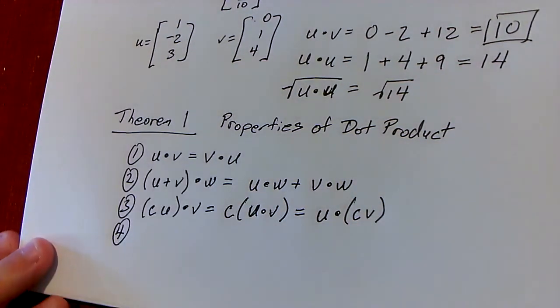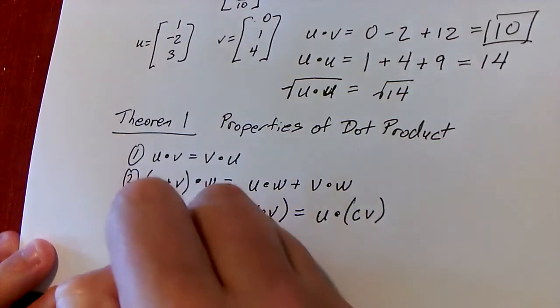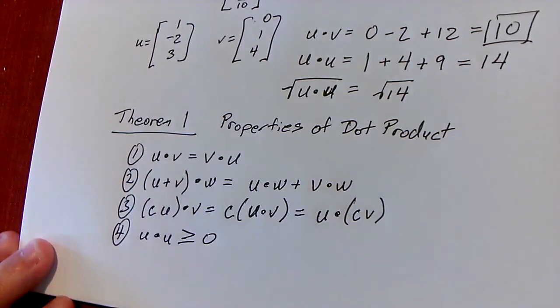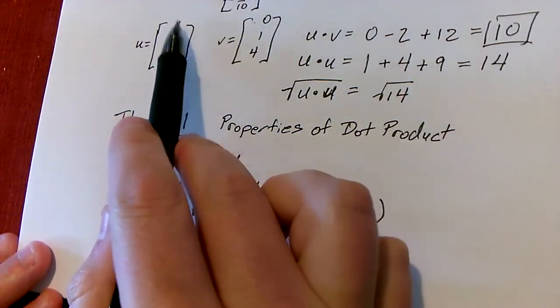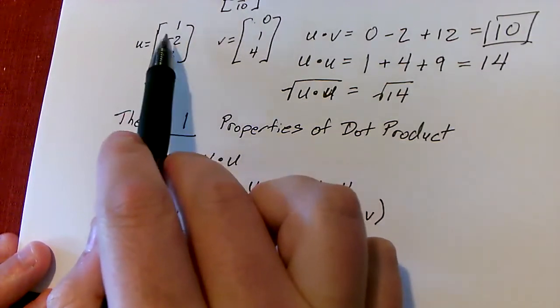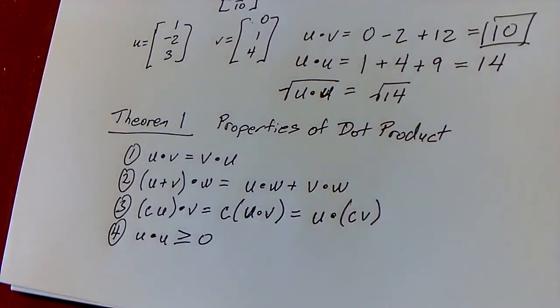And then property 4 is that U dot U is greater than or equal to 0 always. You think about multiplying the number by itself, I'm either doing positive times positive or negative times negative. And either way, I'm going to get positive. If I add up a bunch of positive numbers, I get a positive. So U dot U has to be greater than or equal to 0.